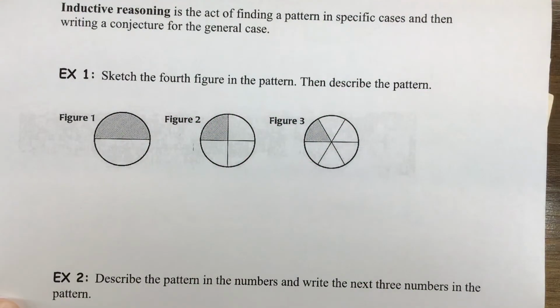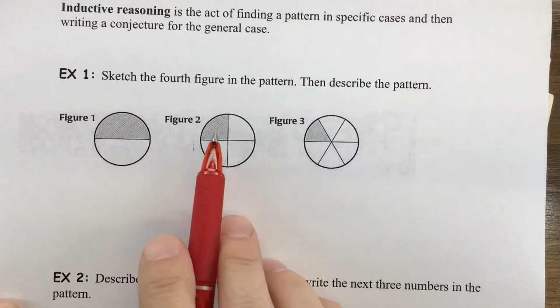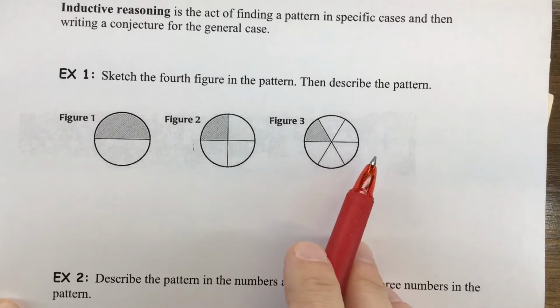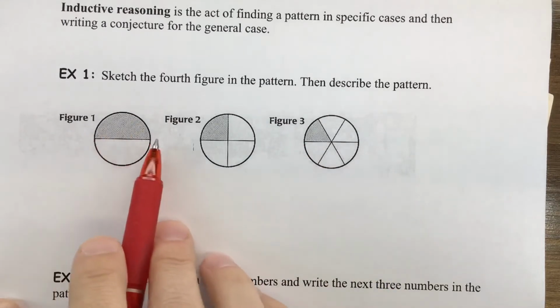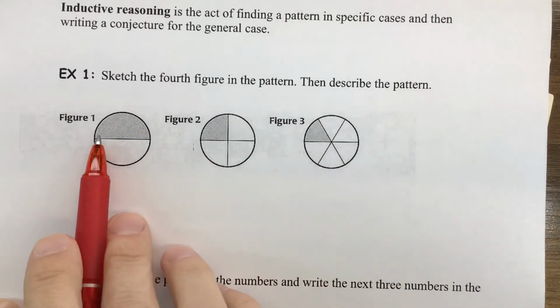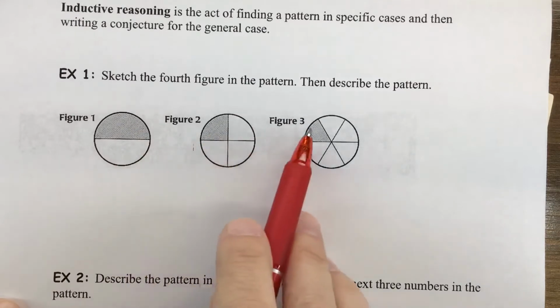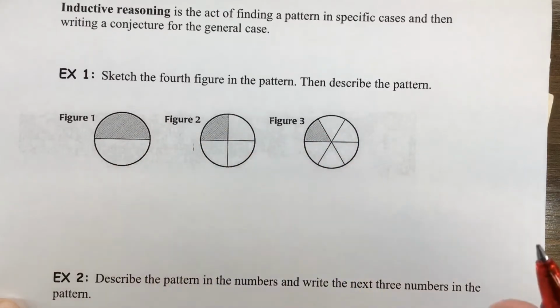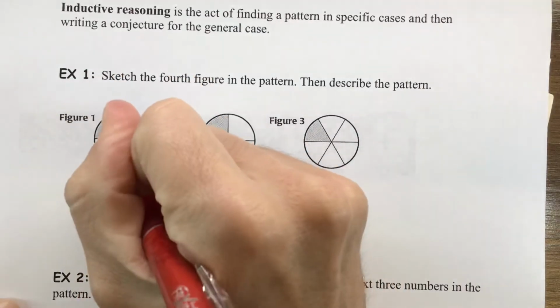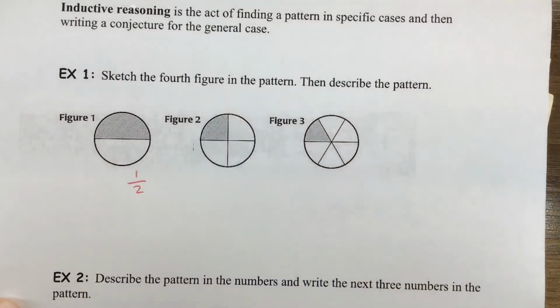All right, let's go ahead and start making some observations about these figures. As stated before, the shaded region is becoming less in each of the figures as you go along. In fact, you could write each of these as a fraction because it appears that the individual pieces that you have in each one of these are all going to be the same size. We'll go ahead and work under that assumption. Okay, so in the first picture, you've got 1 out of 2 pieces being shaded.